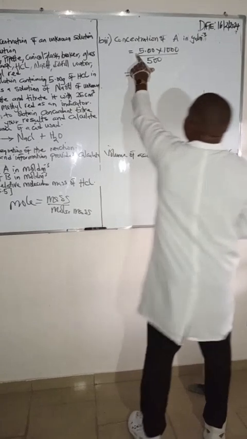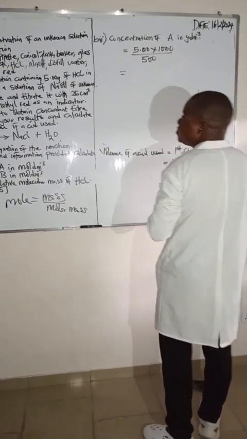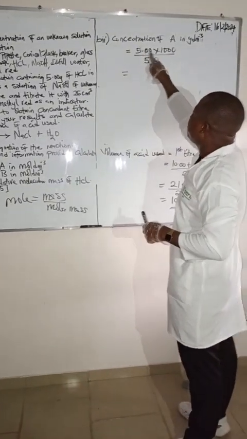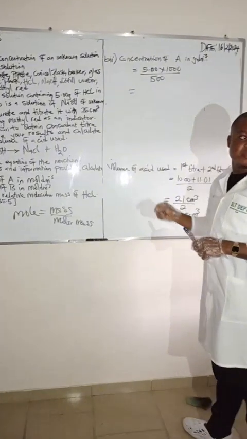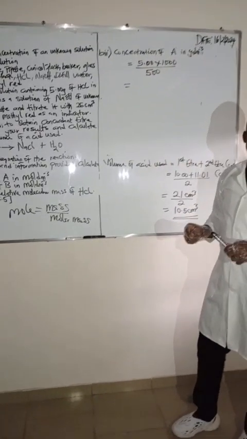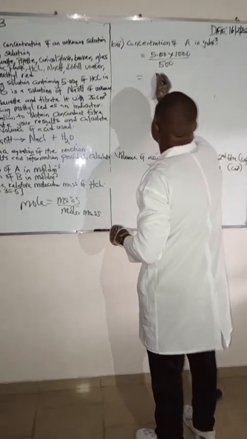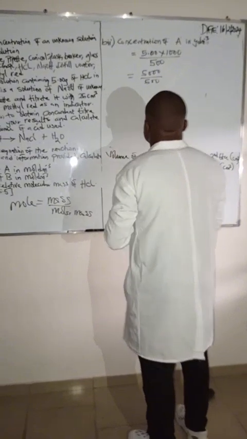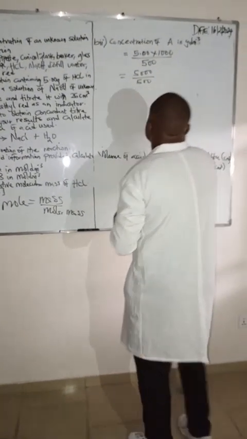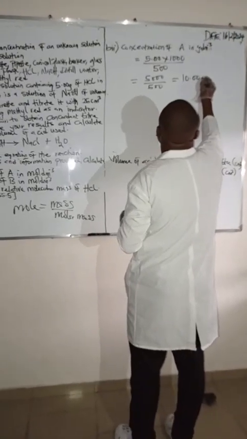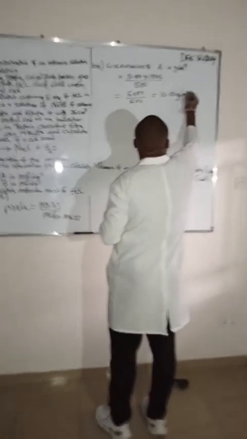Yes, watch it. 5.00 times 1000, use the calculator. What do you have? 5,000. We have 5,000, divided by 500. 5,000 divided by 500 is 10. This is equal to 10.00 gram per dm cube.